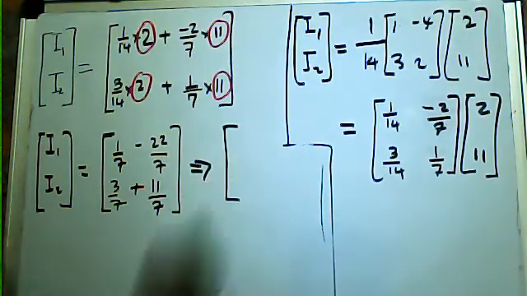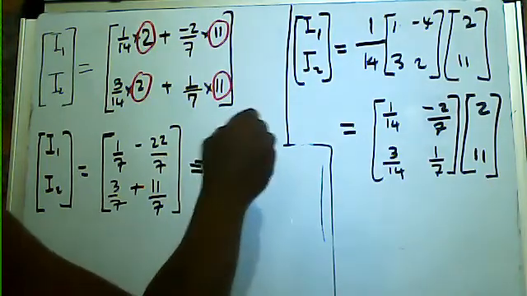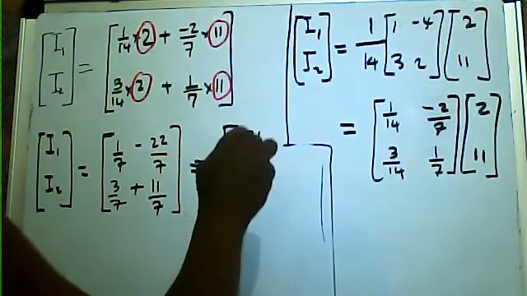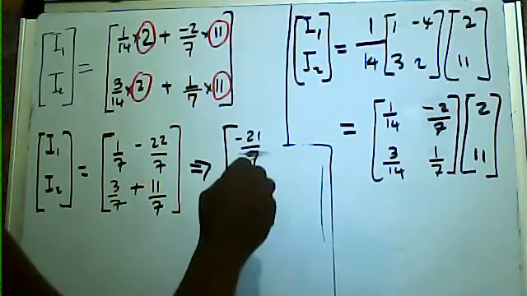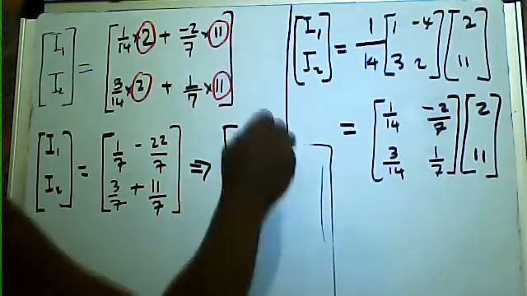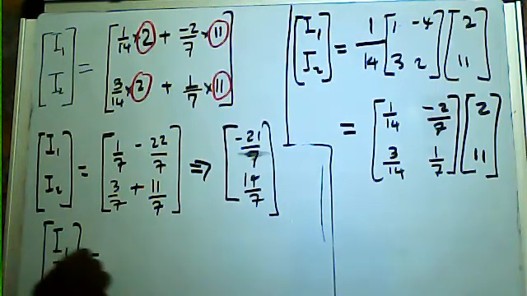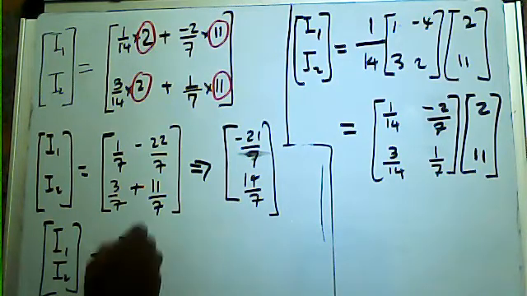This gives us 1 minus 22, -21/7, and 3 plus 11, 14/7. This gives us I1, I2 is equal to -21/7, -3, and 14/7, 2.